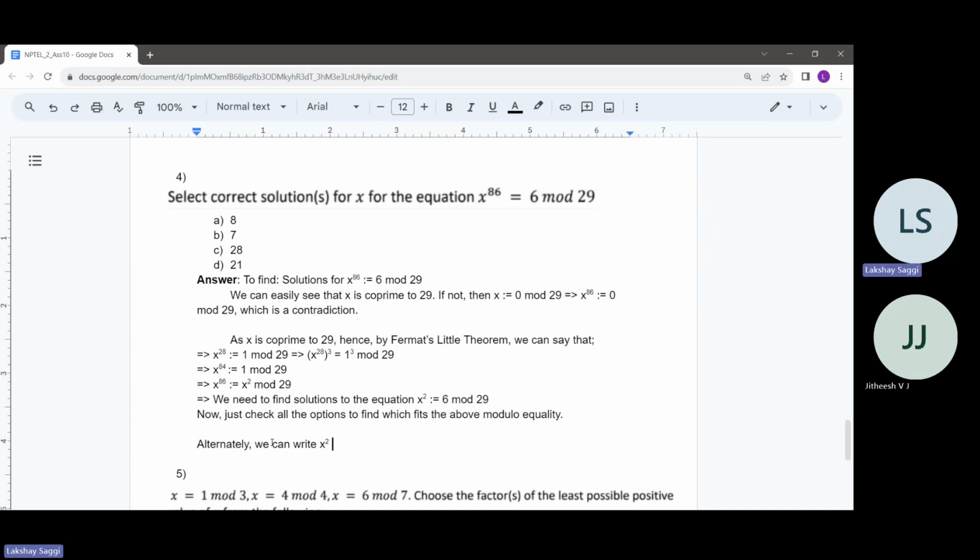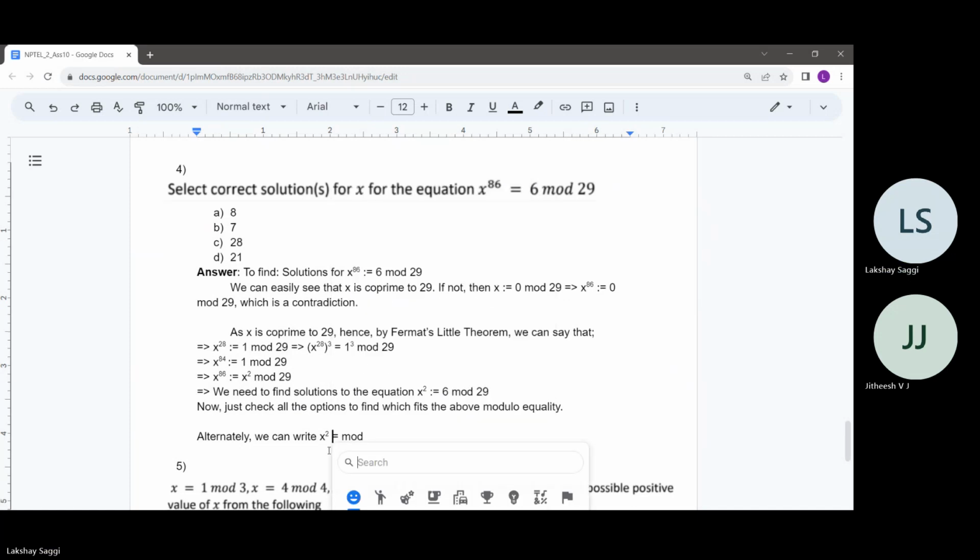x square is congruent to 6 mod 29. We can write it as something like this also. If it is congruent to 6 mod 29, then we can add any multiple of 29 to this side, right?